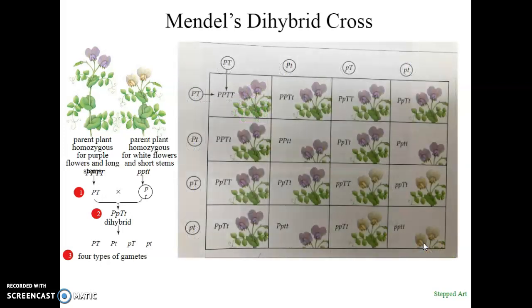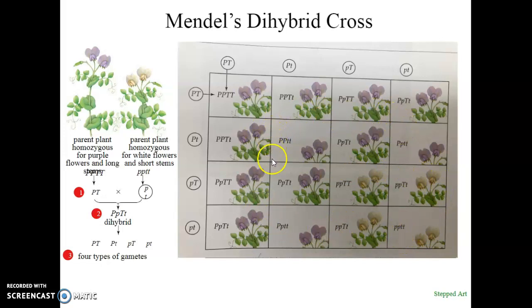But if you look at the filled in Punnett square completely, this is in your book, what is the chance that you're going to have white flowers versus purple flowers?